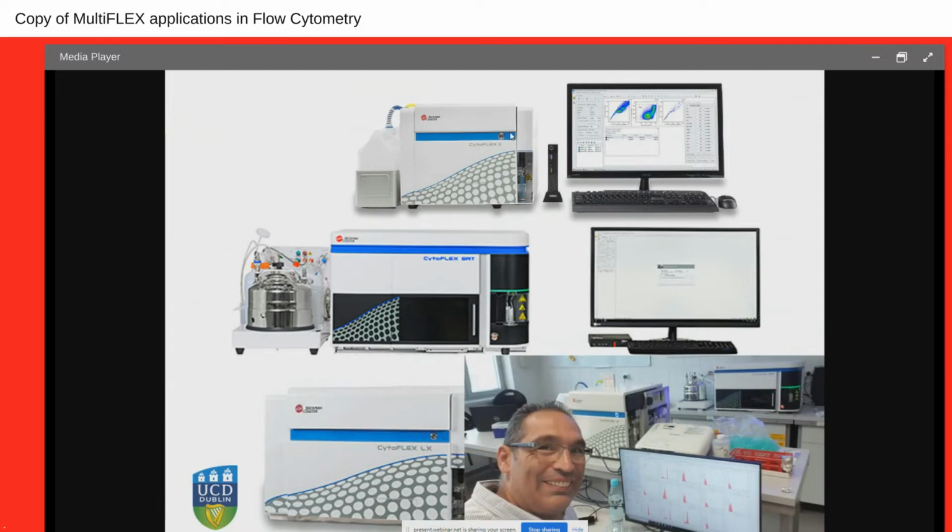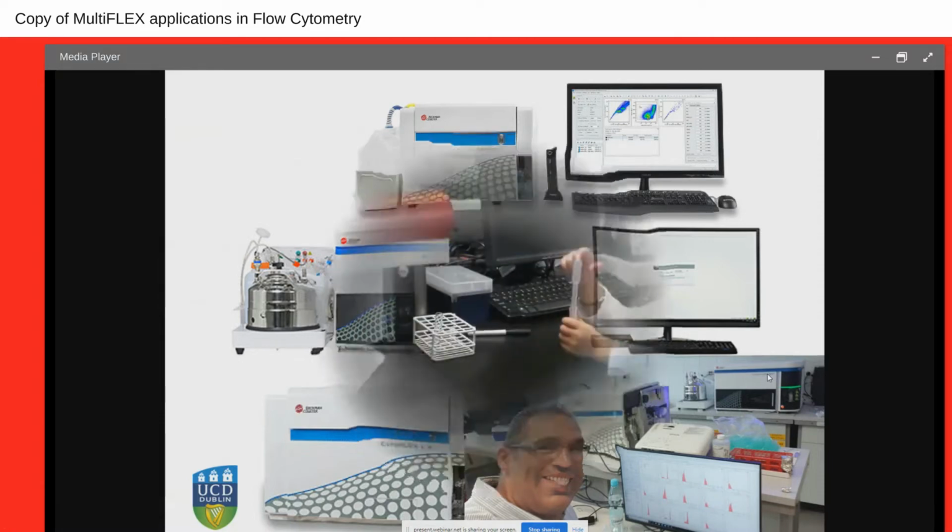So as you can see, with that combination, I'll be quite happy. In this case, this combination of CytoFLEX S and CytoFLEX SRT was during one of the training courses we have done. We were able to do a training of people analyzing and sorting at the same time.